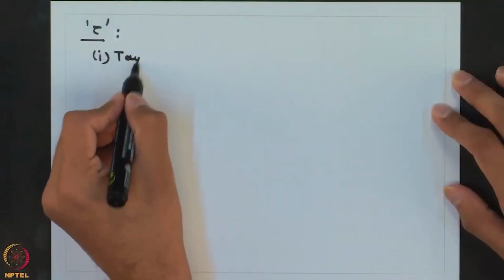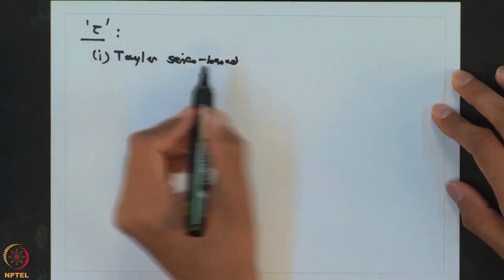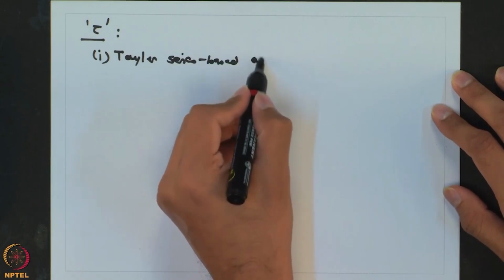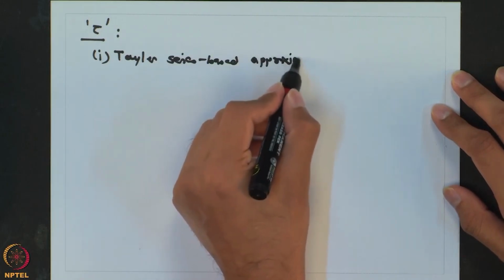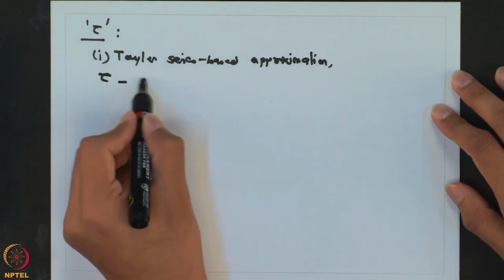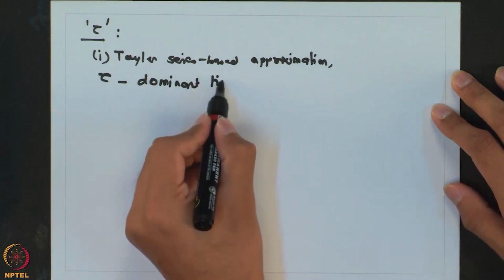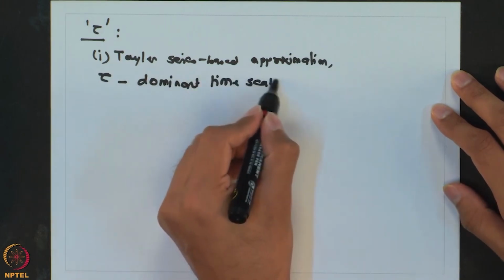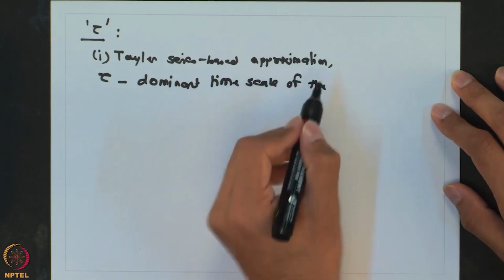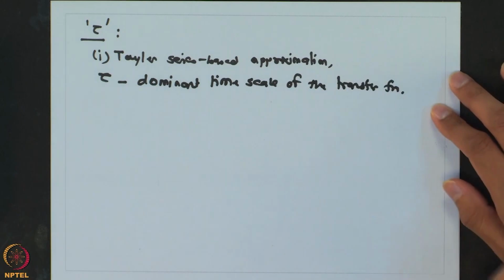So when we talk about the Taylor series based approximation, tau is taken as the dominant time scale of the process, and by dominant we mean the slowest time scale.